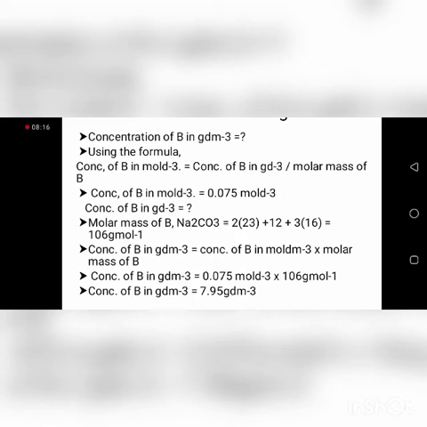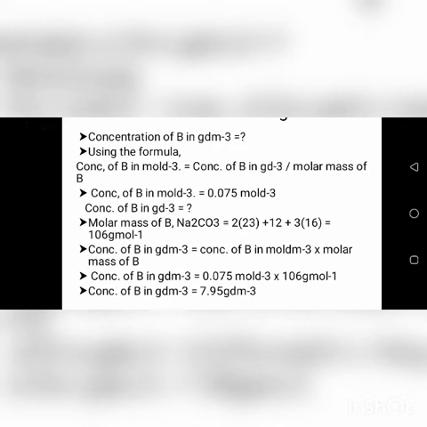Sodium is 23, that is 2 times 23, plus carbon is 12, plus O3, oxygen is 3 times 16. When you add everything, you are going to get the molar mass of sodium carbonate to be 106 gram per mole. From this, you can now calculate your concentration of B in gram per dm³.